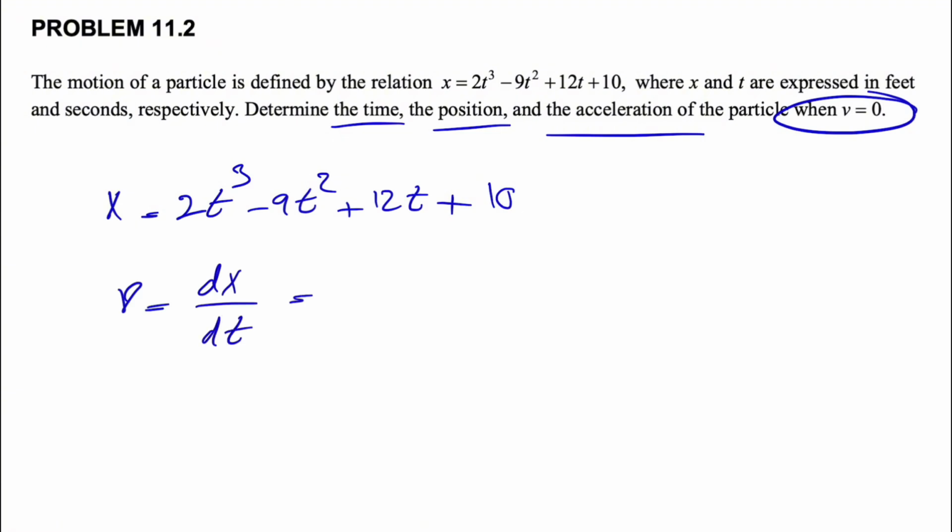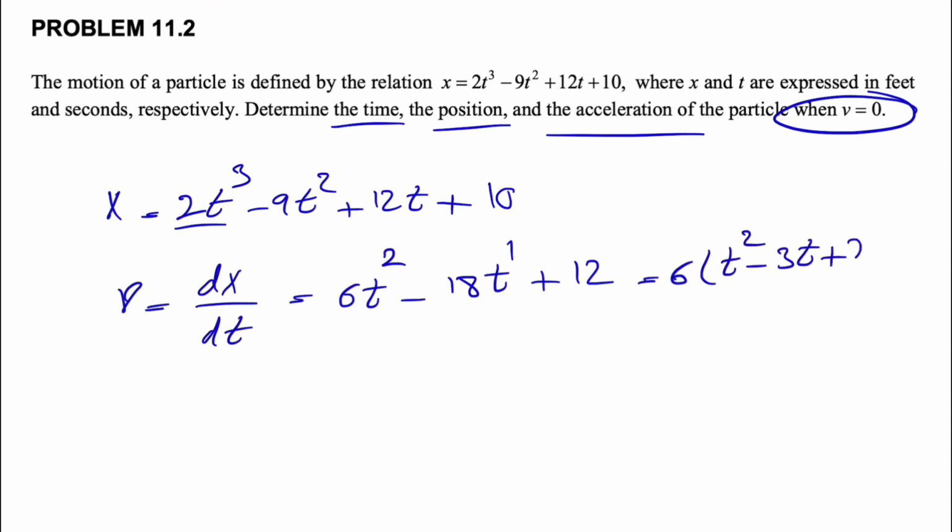So if we do that, we'll get from the first expression 3 times t to the power of 3 minus 1, so 3t squared, minus 9 times 2, 18, times t to the power of 2 minus 1, so t, plus 12, and that's what we have for the velocity. And here we can factor 6, which will be t squared minus 3t plus 2.